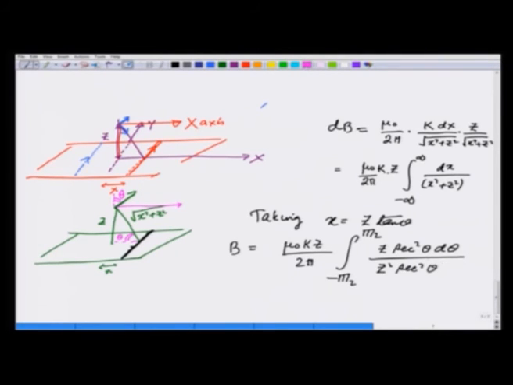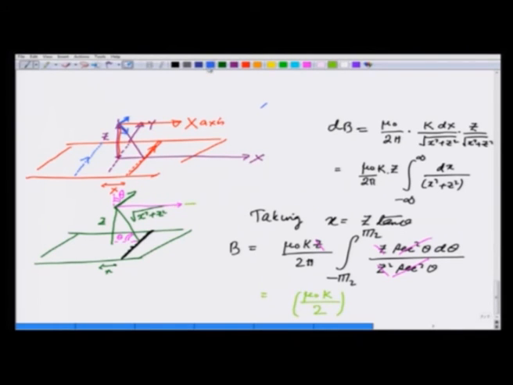Let us do some cancellations. z cancels with z square, and you are left with the final answer, which is mu naught k over 2 in the x direction. So, this is the field.